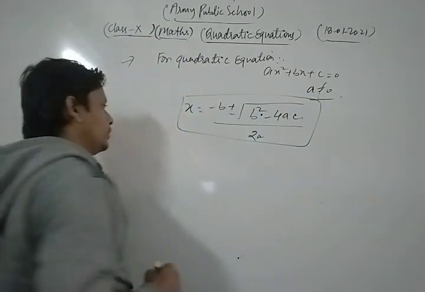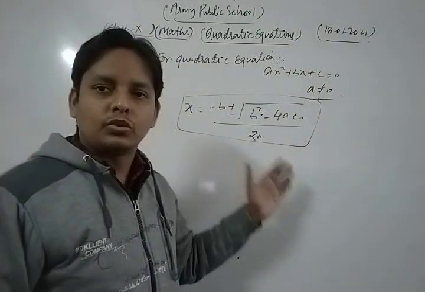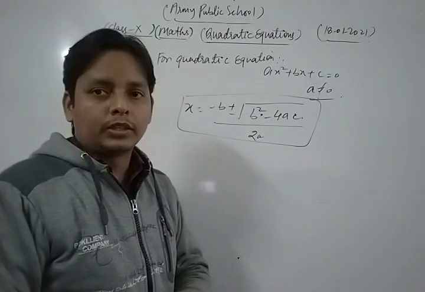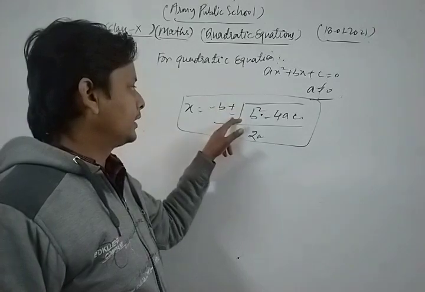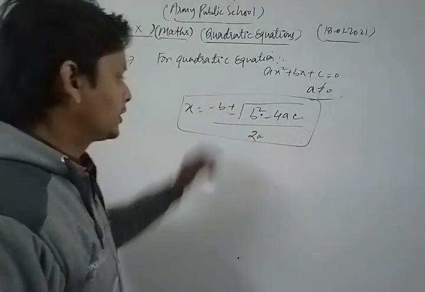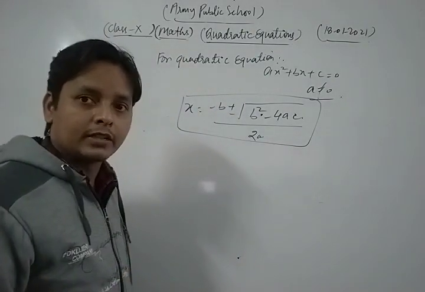This is known as the quadratic formula for finding the roots of the quadratic equation. Here plus minus means what? Plus gives one root and minus gives the other root.